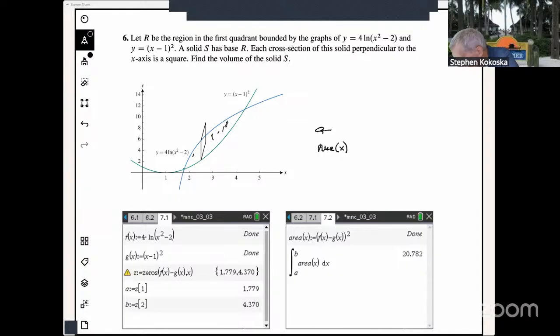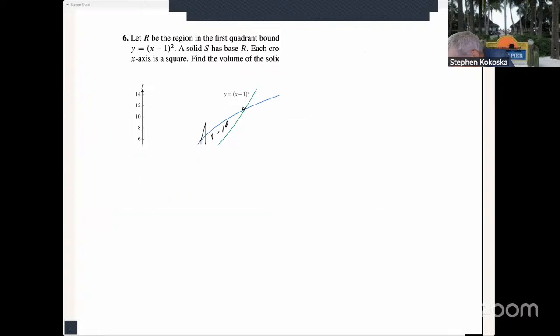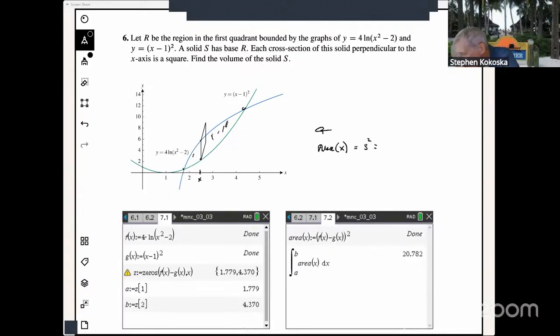I found those two points of intersection. We know the area of a square is s squared, but what's the side? The side at an arbitrary value x is just that high curve minus the low curve, isn't it? So it's just f of x minus g of x, squared.